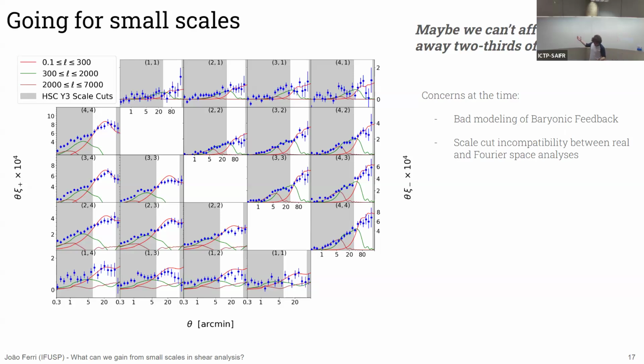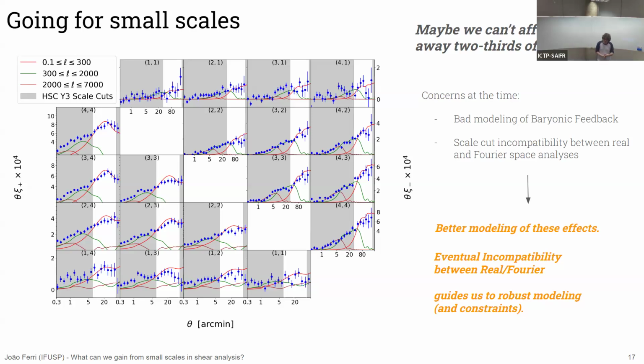So the idea of the project I've been doing with Elisa is basically better modeling of the baryonic effects and trying to use all of this unused data, because it has information. It's got to have some information about cosmology, and it's got to tell us something about the S8 tension maybe.